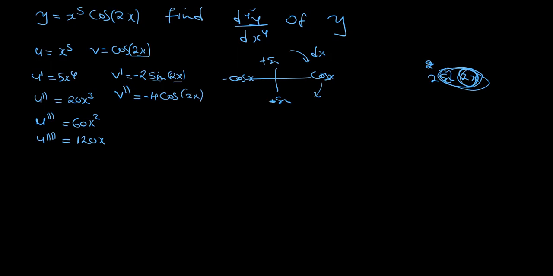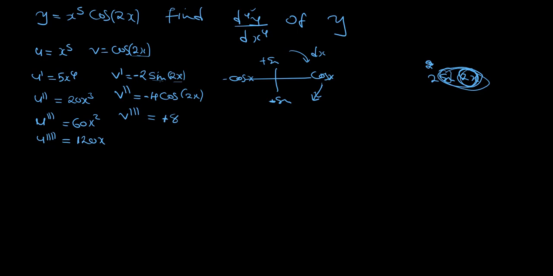Then again for v prime, you differentiate this one and it gives negative 8. Differentiating cos gives negative sine, but because of the other negative I had, I have to write positive.